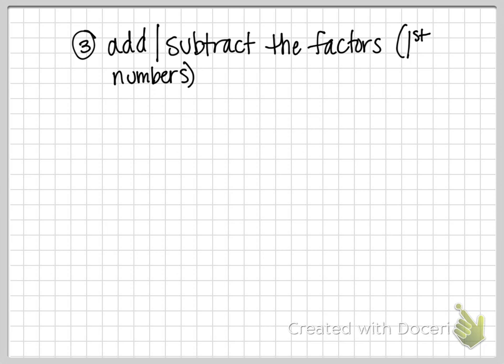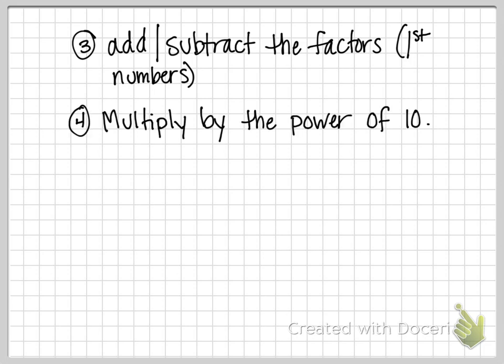So you just do the math. You only add or subtract the factors. You do not mess with the exponent, the powers of 10. You just add or subtract the factors. And you keep that same power of 10, whatever you had started with. And then you do times 10 to the whatever.